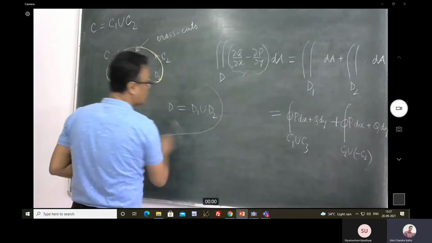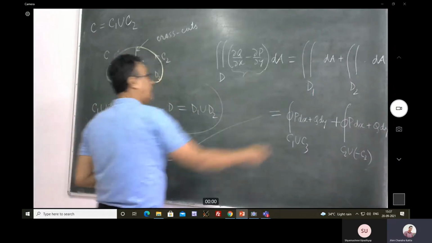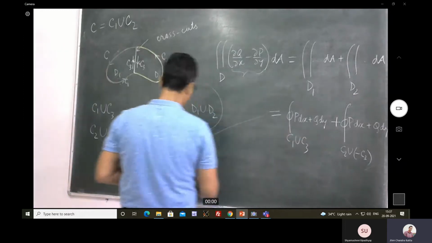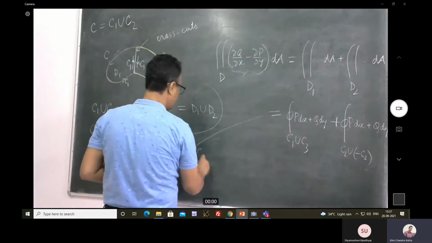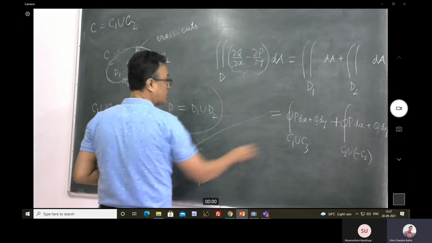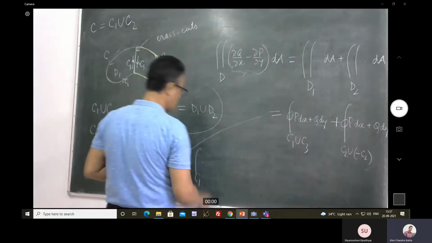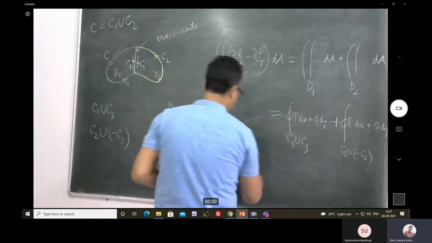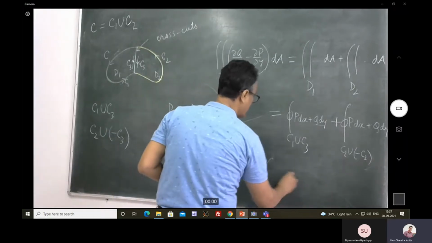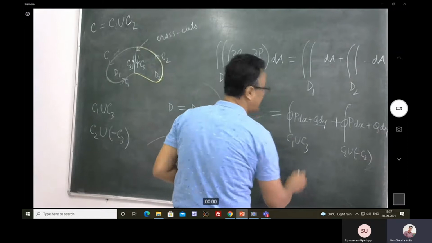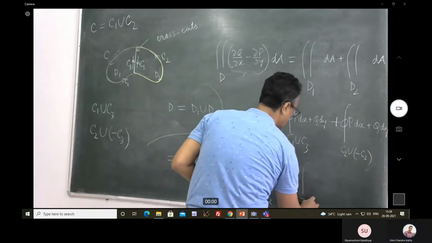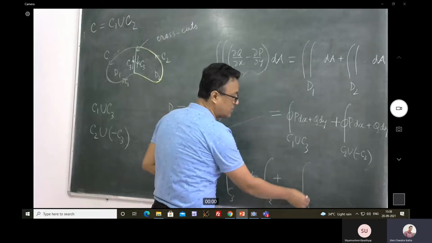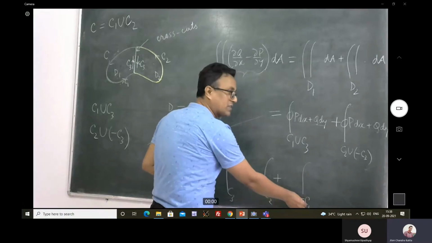So then what is going to happen from here? If I use properties of line integrals, this is going to give me the integral over C1 plus the integral over C3, and then C2, plus the integral over minus C3.